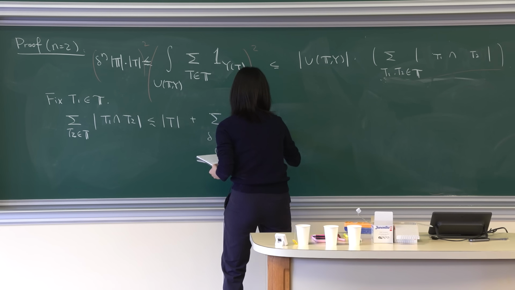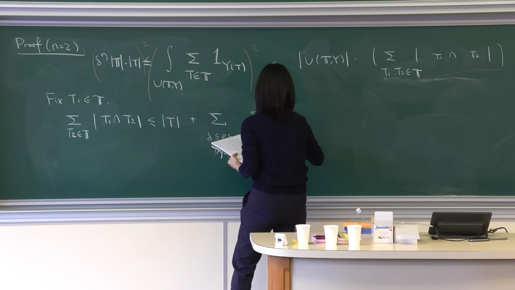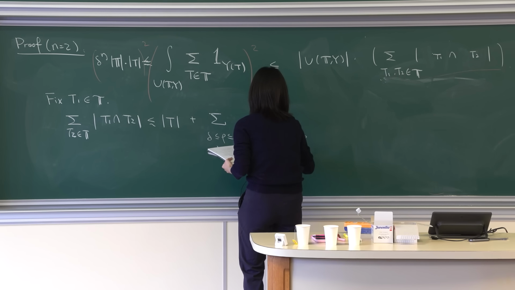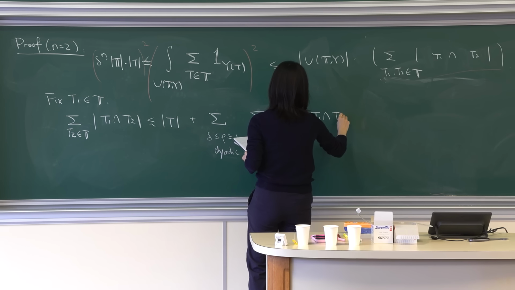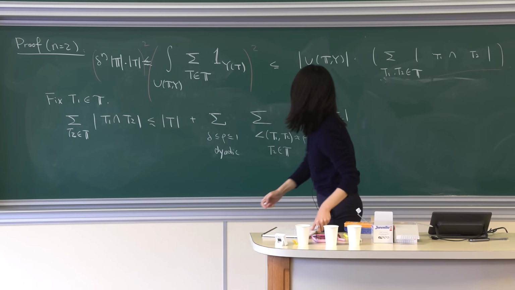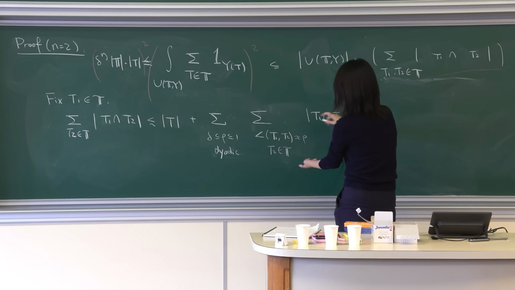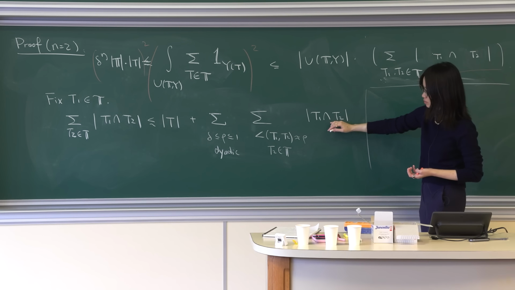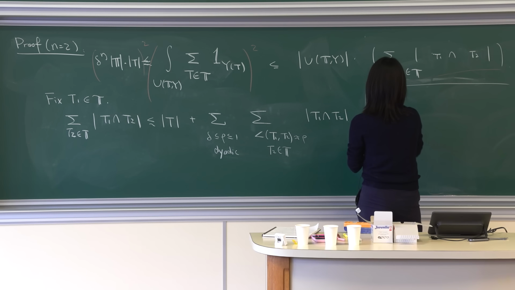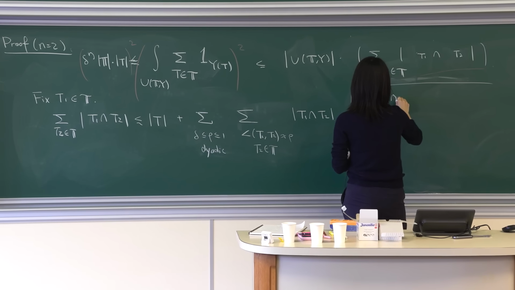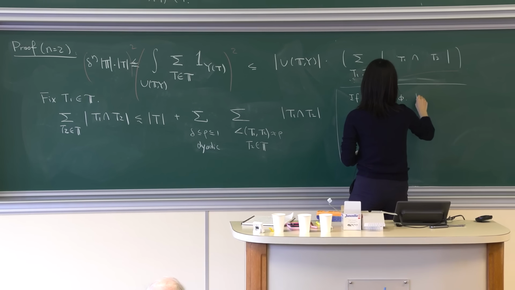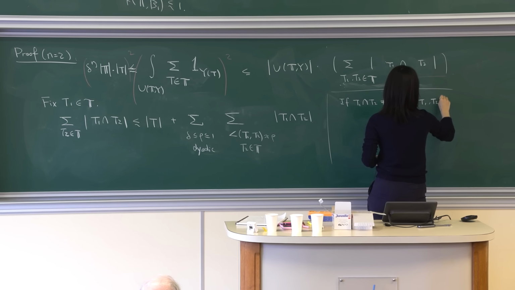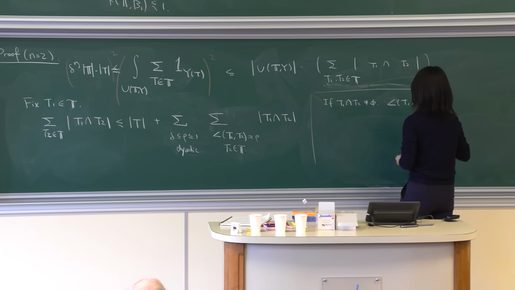And the angle between T1 and T2 is roughly rho. So we just do a dyadic pigeonholing, and then how to give an upper bound on the right hand side. If T1 intersect T2 is not empty and the angle is roughly rho, this implies the following.